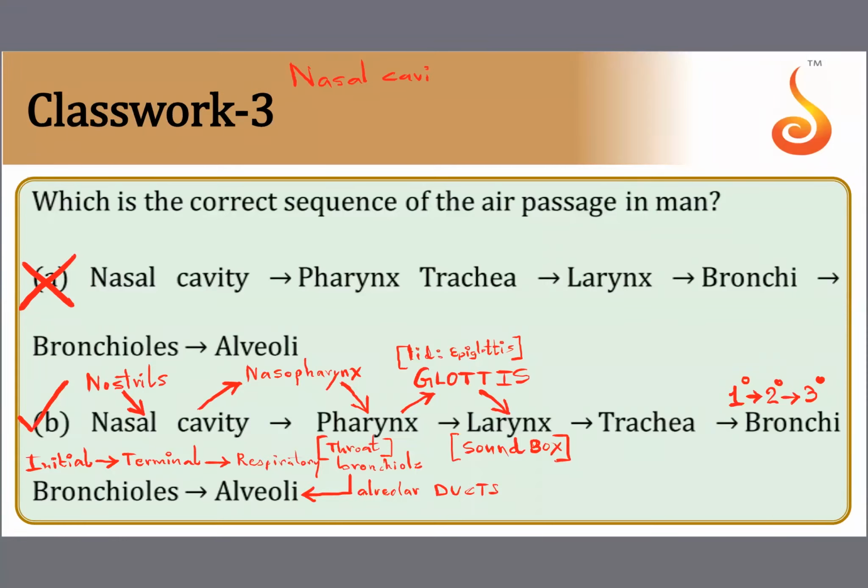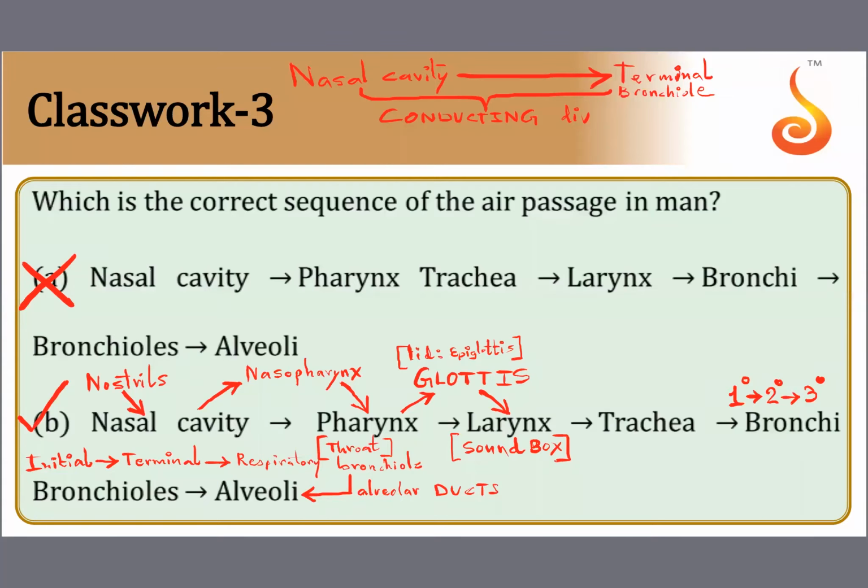So all the way from the nasal cavity till the terminal bronchiole, including the terminal bronchiole, this classification is important. Starting from the nasal cavity till the terminal bronchiole, we call this entire segment of your respiratory system the conducting division, because it doesn't help in gaseous exchange. It only helps in passage of air.